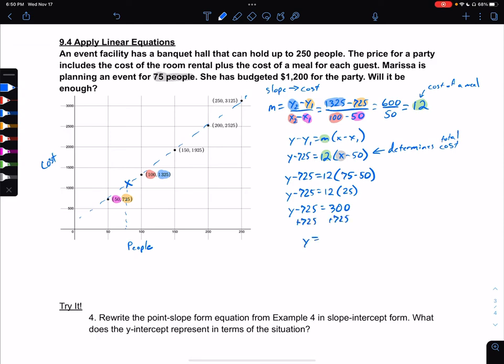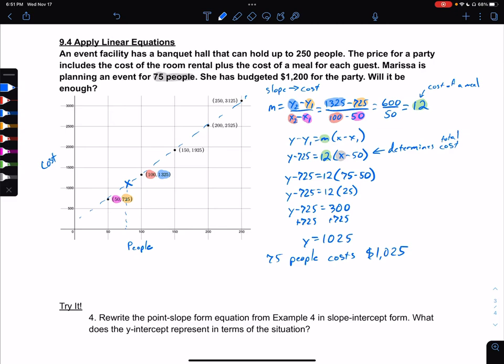So y is equal to 1,025. Okay. So the cost of a party for 75 people, so 75 people costs $1,025. Make sure we answer the question, which we didn't yet.